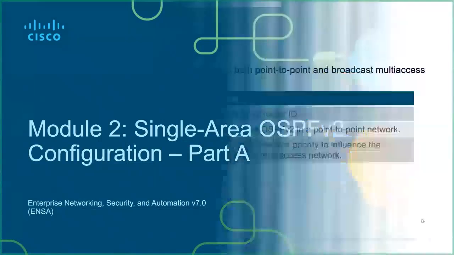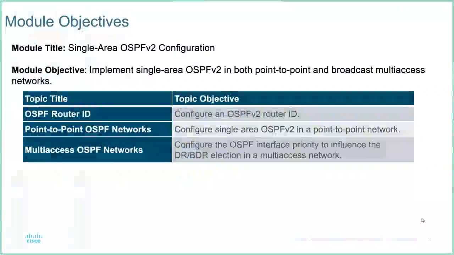So let's look at what we're doing in this particular video. We'll be looking at what OSPF uses for its ID system, how to set up point-to-point networks within OSPF, and how to configure a multi-access network.